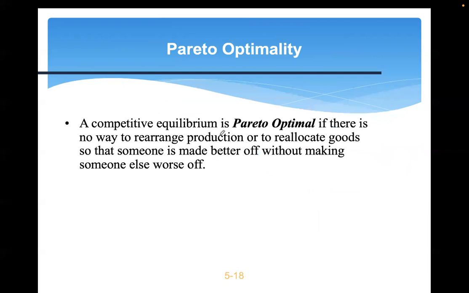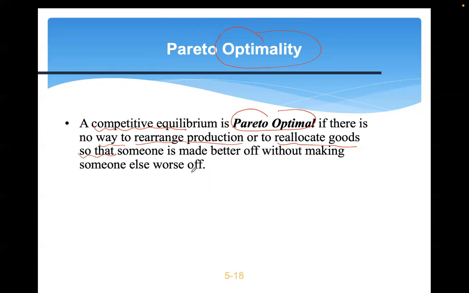Now we are going to look at optimality, and we call it Pareto optimality. We're going to define Pareto optimality as follows. We say a competitive equilibrium, as we just discussed in the previous one, is Pareto optimal if the following condition is satisfied: there's no way you can rearrange production or reallocate goods such that someone is better off without making someone else worse off.